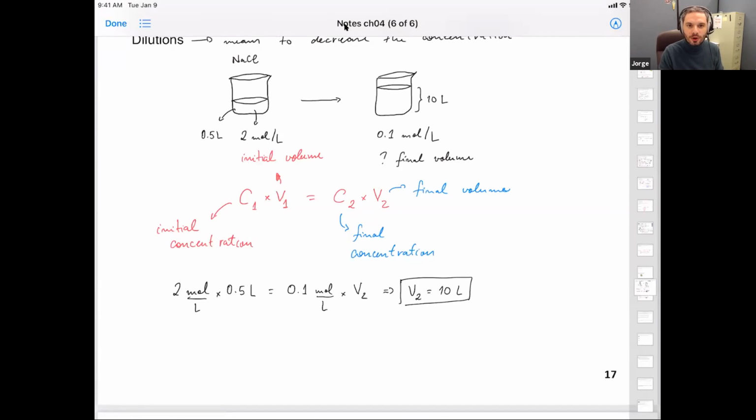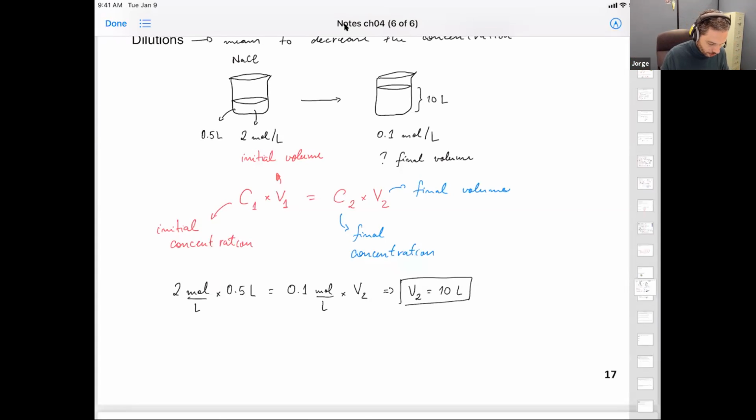So dilution always means to decrease the concentration. We are going to assume here that the molecules or the ions are evenly dispersed in the solution. So every time you dilute, you just add more solvent. So now you spread out the ions more in the solution, which means you decrease the concentration.